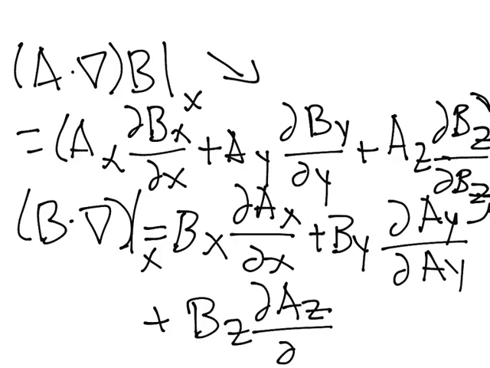Oh, wait, there shouldn't be an A there. There we go. Okay. Why did I write this here? I'm not sure what I was doing there. I guess it doesn't matter. Okay, so we basically have the whole thing here.